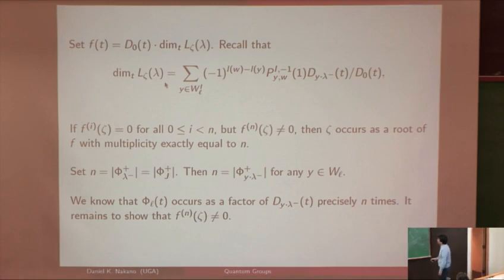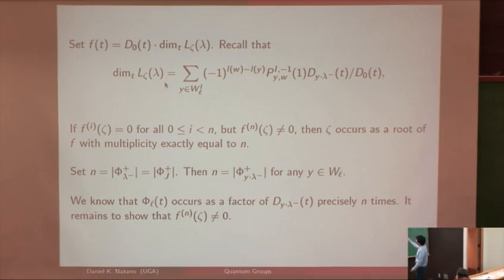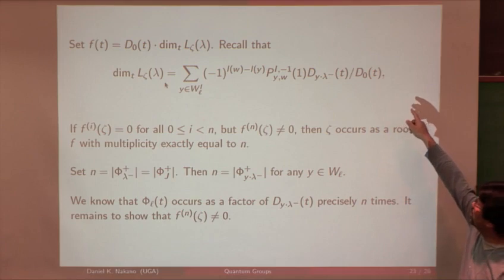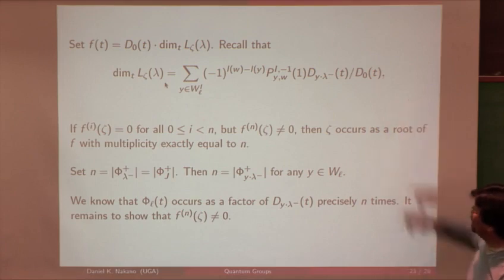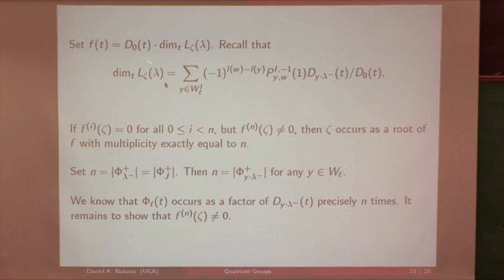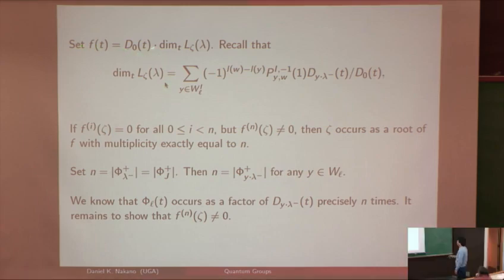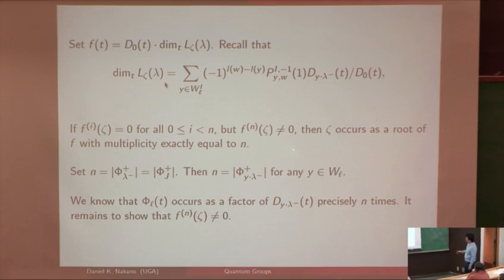Okay, so remember that this is the formula for this graded dimension over here. Now, because L is bigger than H, I can get rid of this D0T. So what I can do is look at this function f of t where I just divided everything out. This part's not going to matter at all. So you want to know the first spot at which the derivative is not equal to 0.